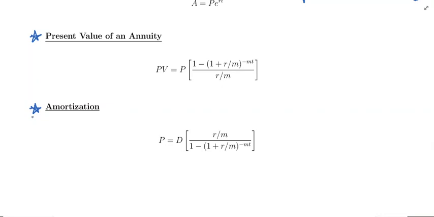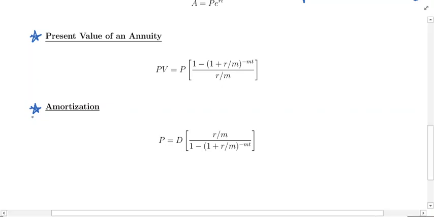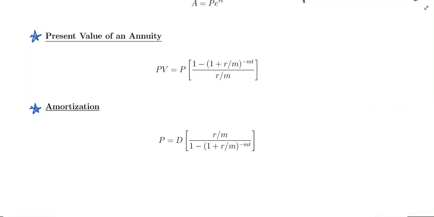We're going to start with present value of an annuity, and learn how to work with that formula when you use it. Once we've covered that, we will go into a separate note packet and work on amortization. I just wanted to give you a heads up that there are two different concepts coming out of this section and we will cover them separately.